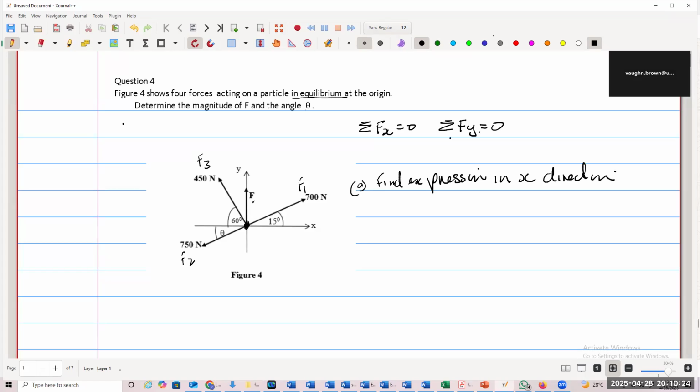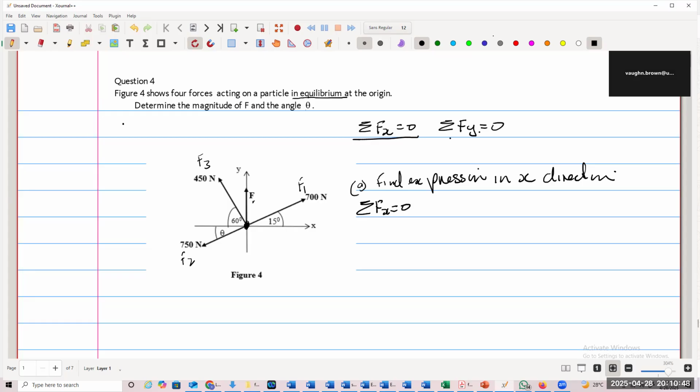When you see that, you use your equilibrium equation: the sum of the forces in x equals zero, so you look for the components represented in the x direction. Let's do it now. For the 700 N force, it goes from the origin pointing in this direction.